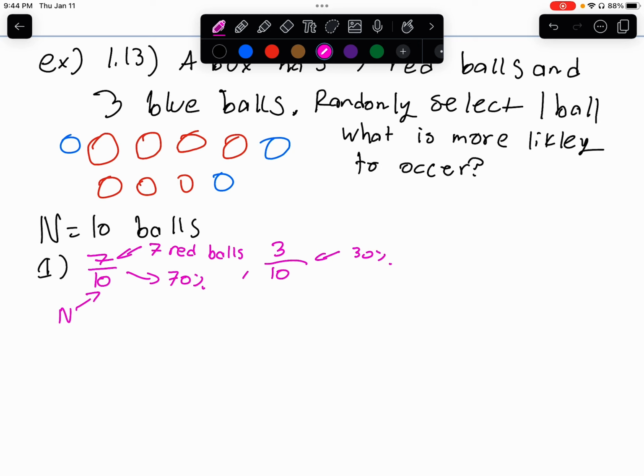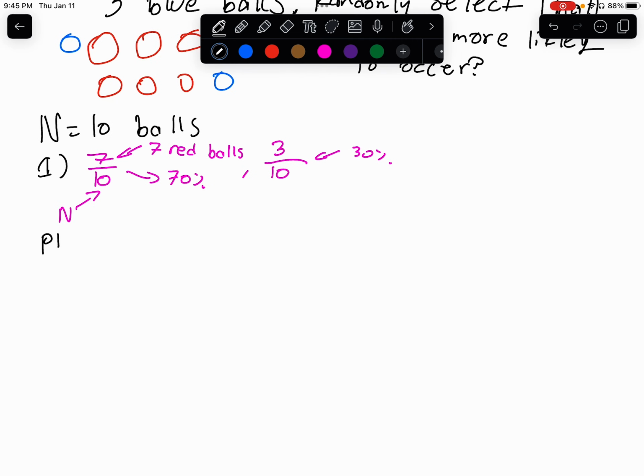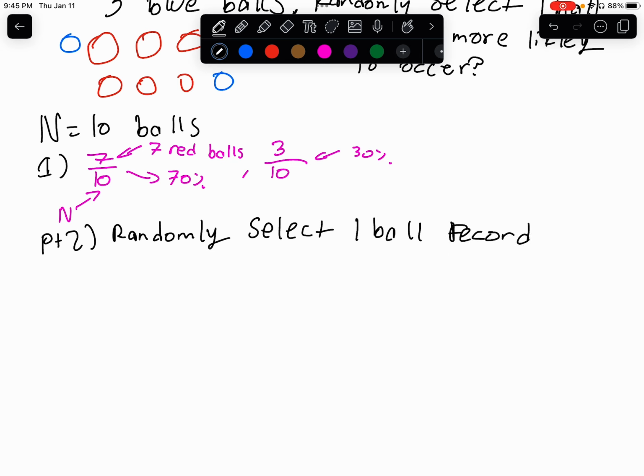The next question is, the same box contains red and blue balls. But now, I'm going to put part 2. But now, we randomly select one ball, and then we record it, then put it back.